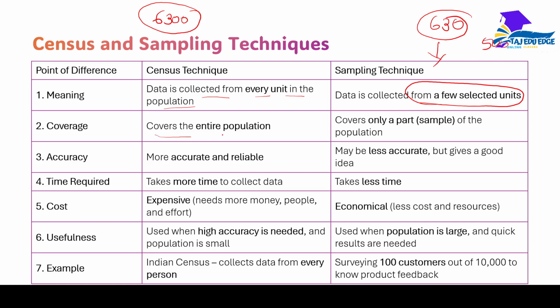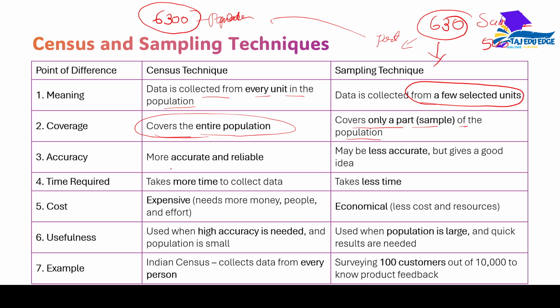Census technique covers the entire population, whereas sampling covers only a part, a sample of the population. This is the whole population in your college, whereas 630 is just a part of that population. This is a sample of that population.